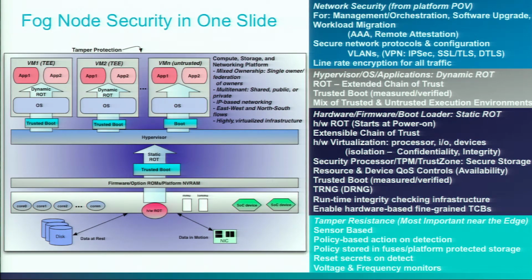So trusted boot, measured or verified. There are different mechanisms to implement trusted boot. Different vendors support one or the other or both. It's not clear which one is better. Measured is essentially a measurement that's done of the static code, static data, and parameters and some other information.